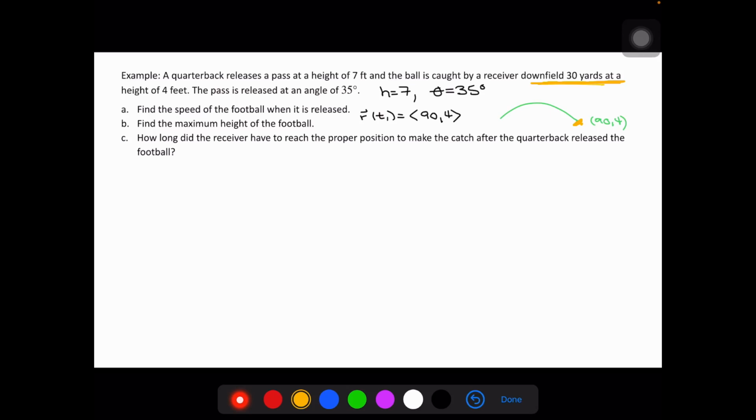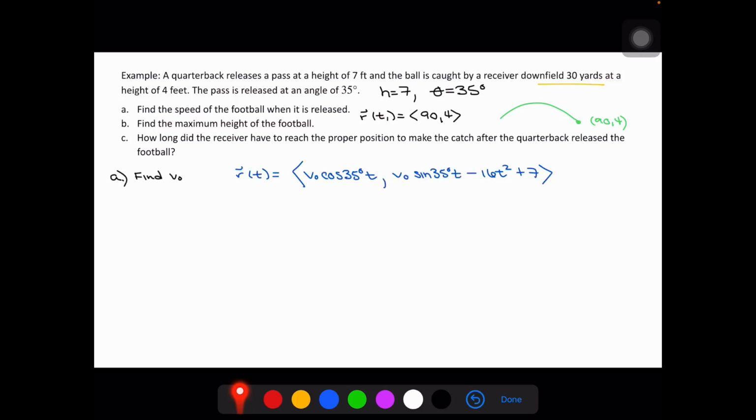So that means at the time that the ball was caught, which I'm going to call T1, the position of the ball was 90, 4. So 90 feet down the field, height of 4 feet. So let's use that information to see if we can find the speed of the football when it was released.